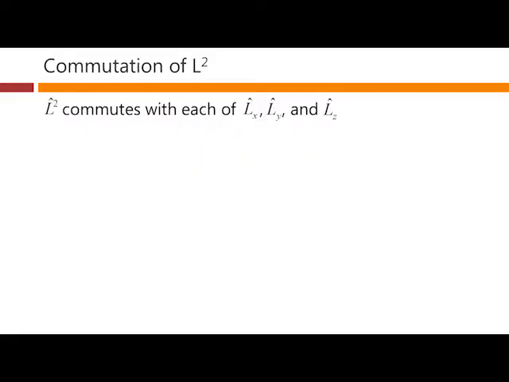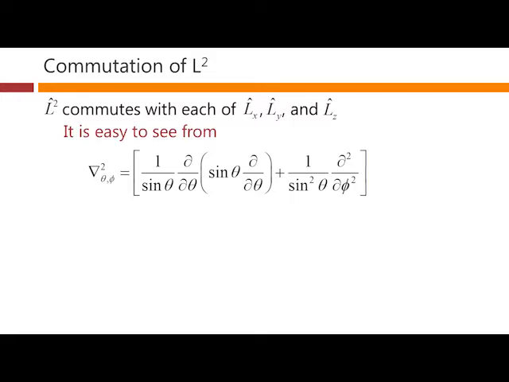Now, L squared commutes with each of these operators, Lx, Ly, and Lz. And it's easy to see, for example, from this form that we have here, that we are going to be able to commute this operator with the Lz operator, because the d by d phi in here does nothing at all to this part, and d by d phi, of course, commutes with d2 by d phi squared.